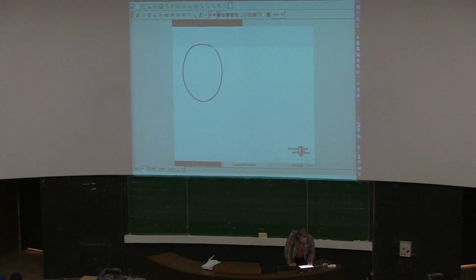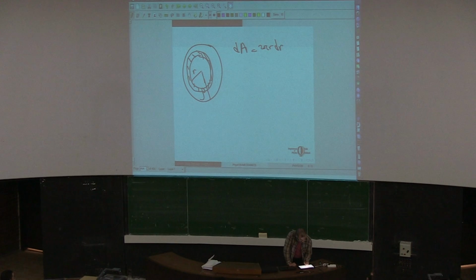We consider this is our disk. All of it has radius rho. So we just imagine the small part over here. We divided this into very small rings of radius r, and the area was 2 pi r dr, and the electric flux is E times 2 pi r dr cosine theta, where this angle theta was this one.